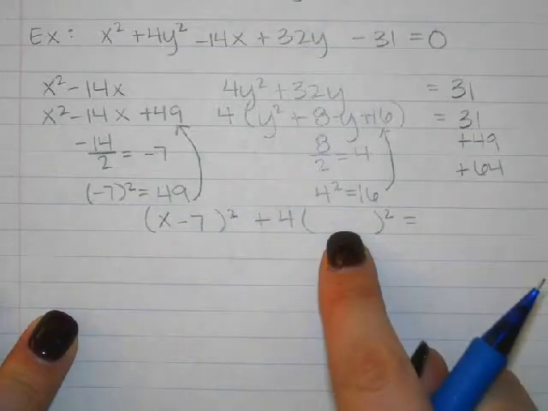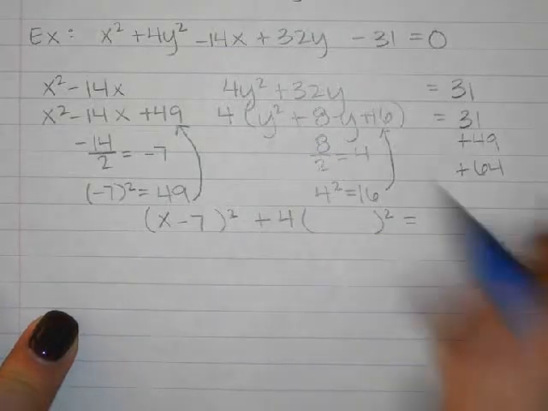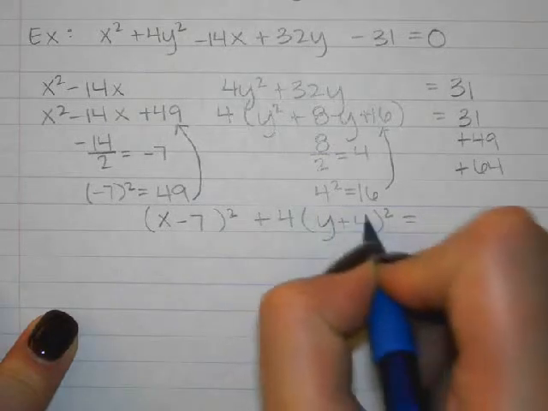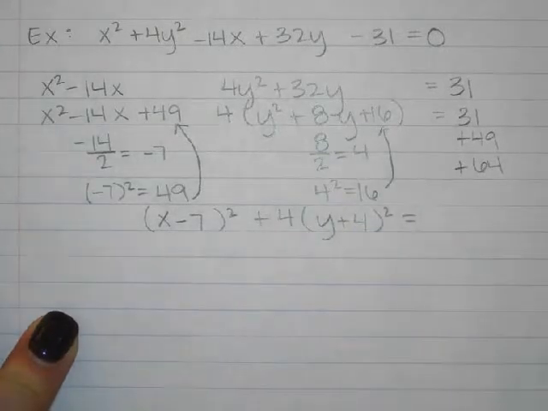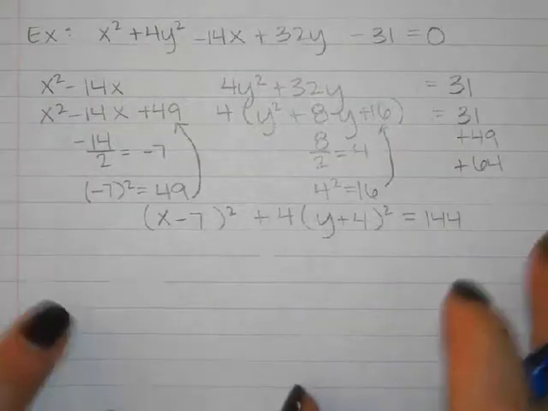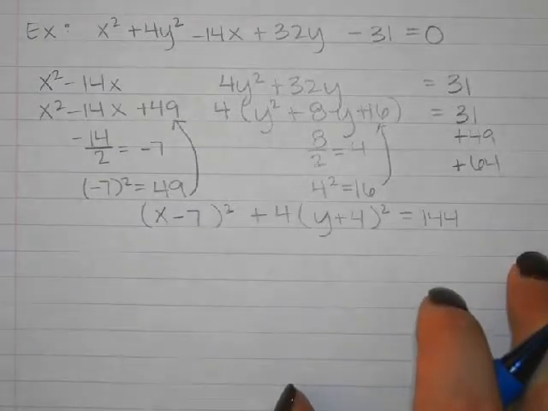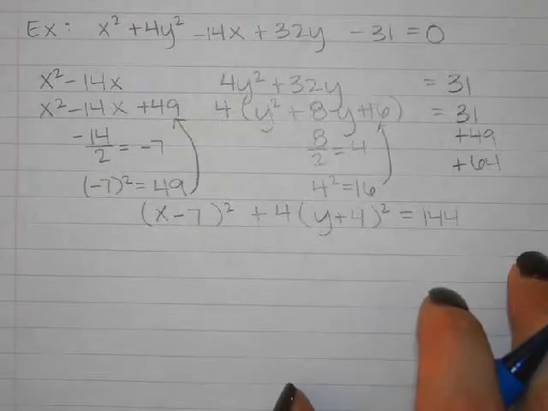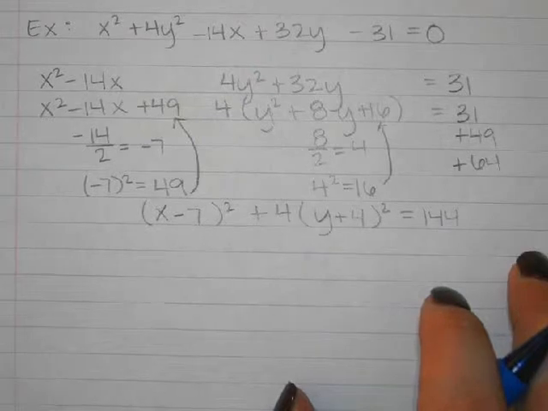What would I have in my second set of parentheses? Y plus 4. And then what would I have on the other side? 144. Okay. And this problem is not quite done, but we're going to be learning about it a little bit later, so I'm going to leave it there for now.